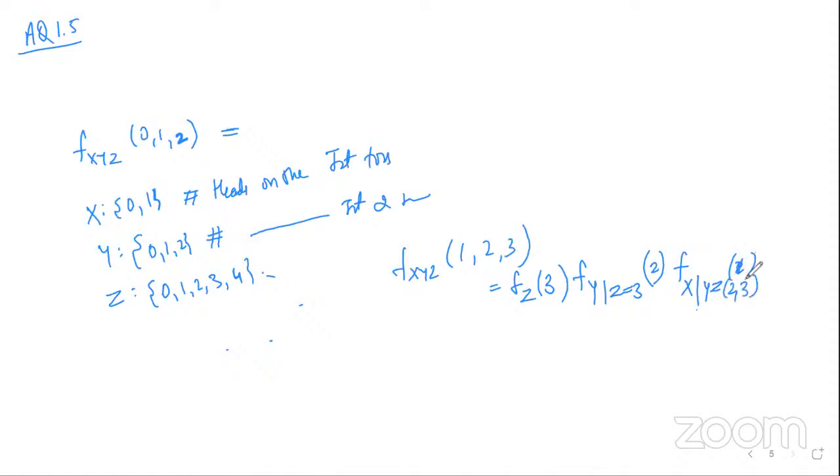This last one is 1. But how will you know the distribution of X given Y and Z?